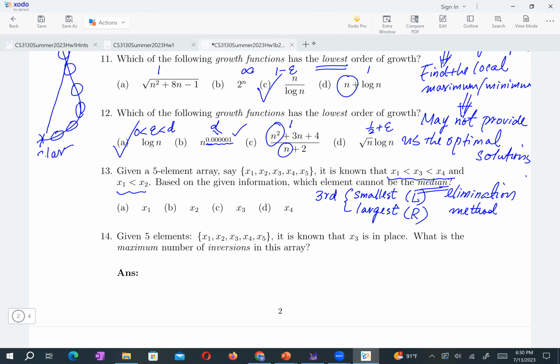From the first condition, less than 1 element, 2 elements, and the third condition, less than 3 elements. So X1 is already less than 3 elements in the array. Suppose in a finally sorted array, X1 must be before these 3 elements.